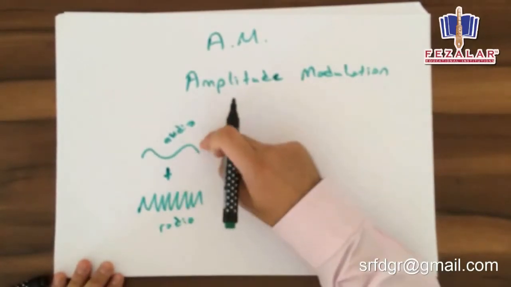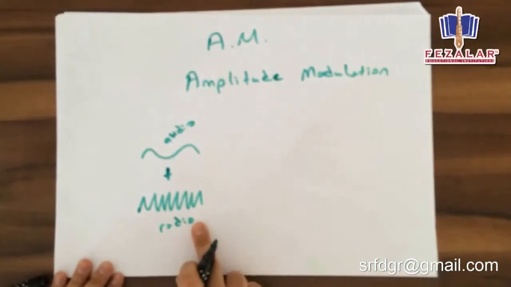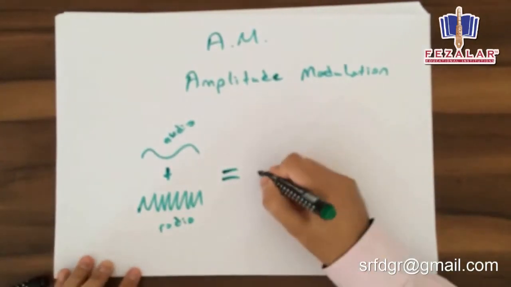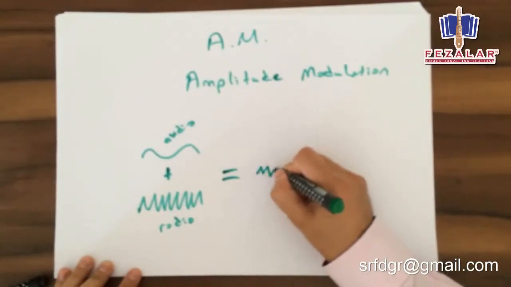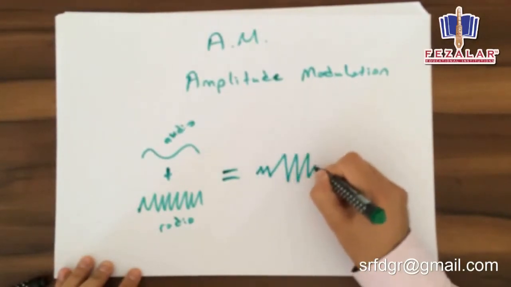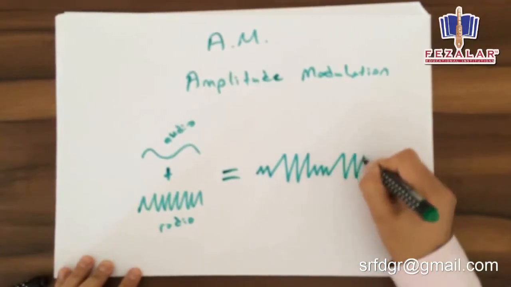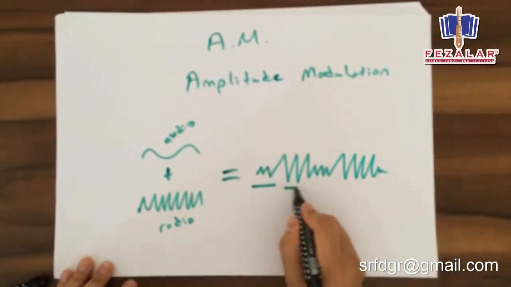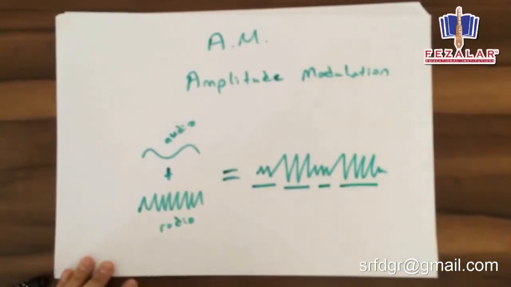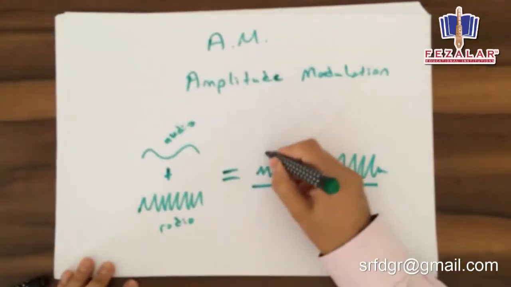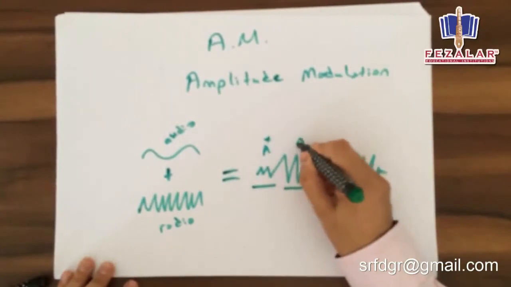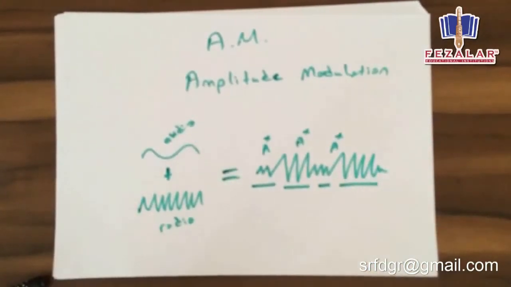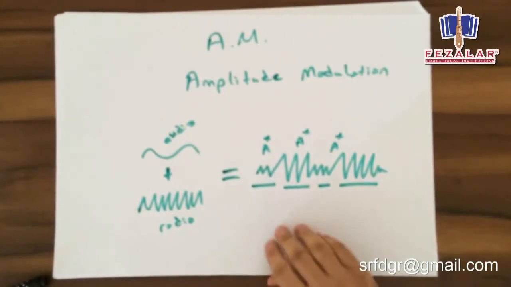So this is called the carried wave, and this is called the carrier wave. At the end, we have a wave like that. Here the frequency is the same, but as you see, the amplitudes are different. So this modulation is called amplitude modulation.